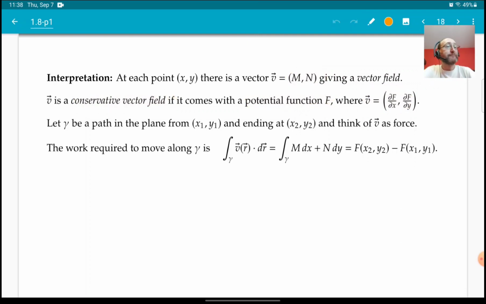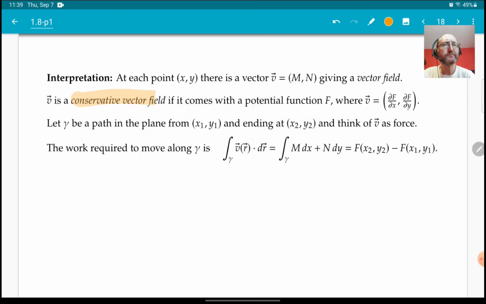Now, something you've probably also looked at is that if you think of v as a force, then the path integral of v is the work done by the force.